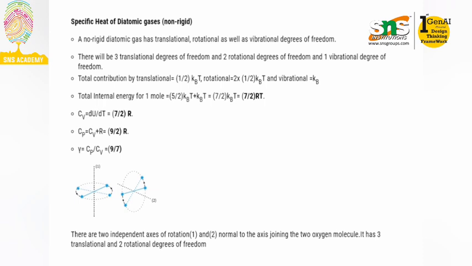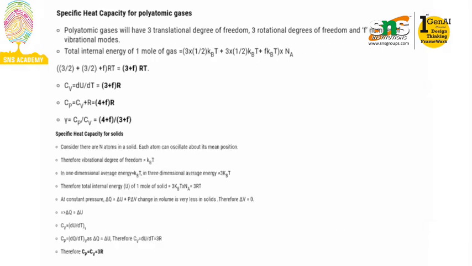Okay, so coming to the next topic, specific heat capacity for polyatomic gases. Polyatomic gases will have 3 translation degrees of freedom and 3 rotational degrees of freedom, and f number of vibrational modes. Total internal energy of 1 mole will be 3 × 1/2 kB T plus 3 × 1/2 kB T plus f kB T, times NA.